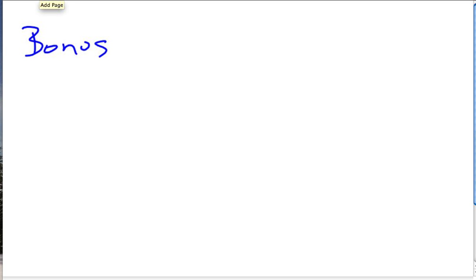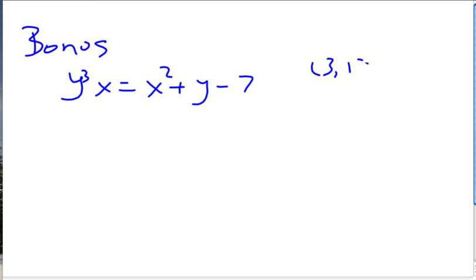The brownie question. Given the curve y cubed x equals x squared plus y minus 7, find the equation of the tangent line to this curve at the point (3, 1). The way to do it is to differentiate both sides.